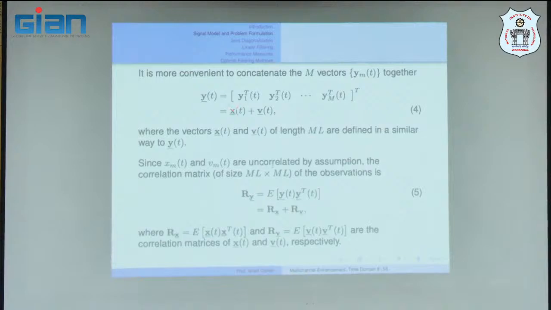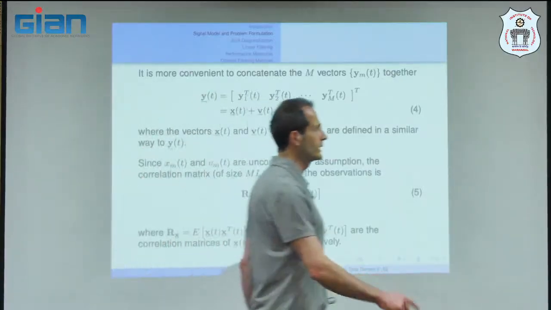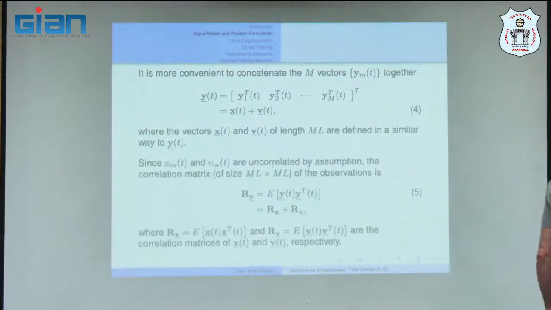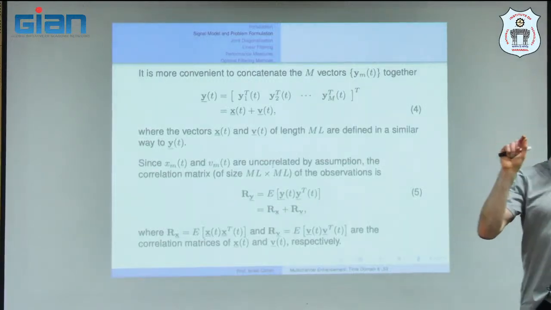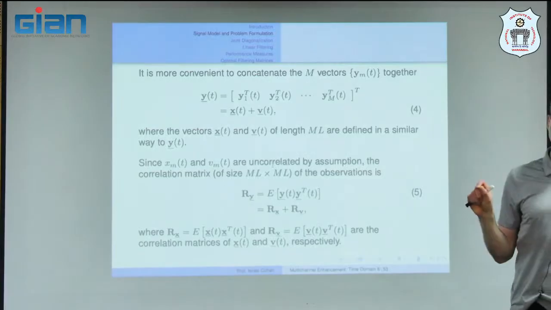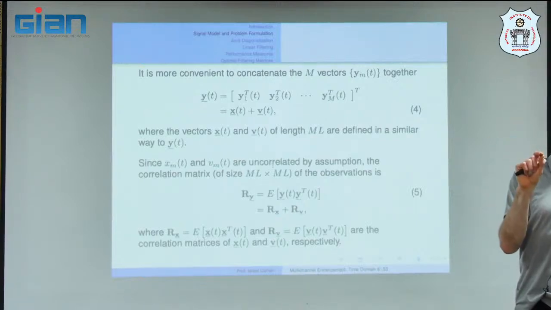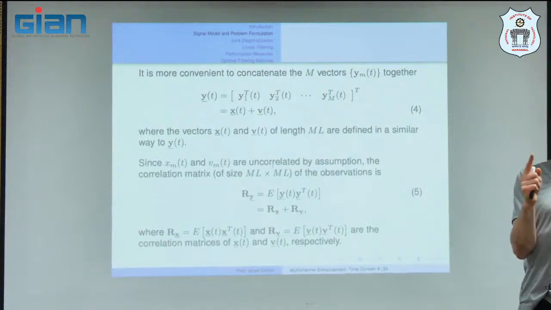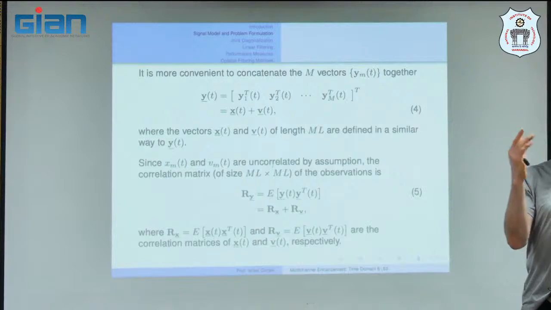And it's the same, defined for X and V, for the desired signal and the noise signal. So if in the single channel enhancement, in order to compute Rx and Rv, we assumed that we know the correlation between any two samples of the desired signal and any two samples of the noise signal, as long as the distance between the samples is up to L samples.